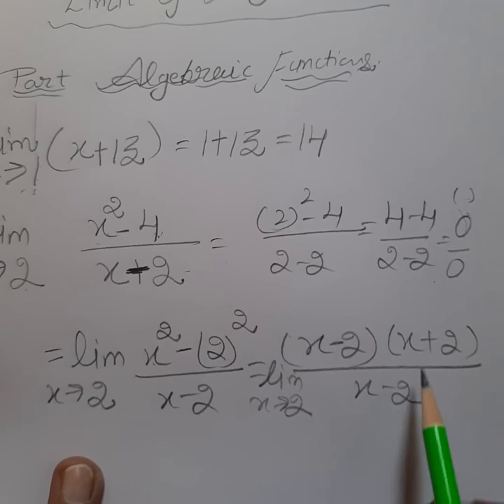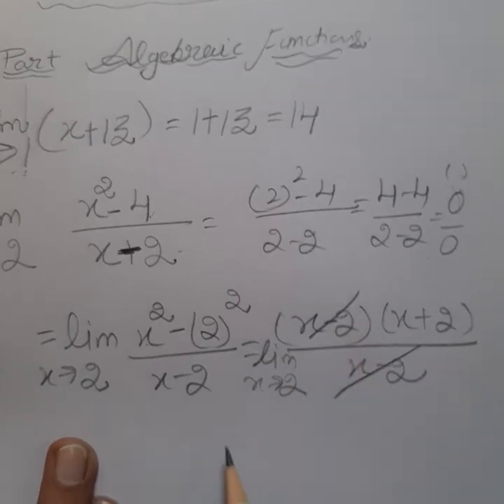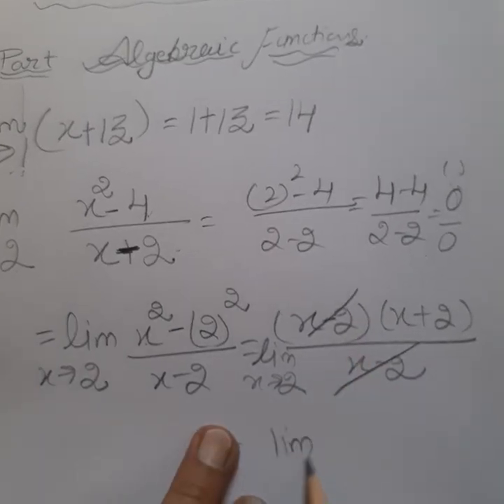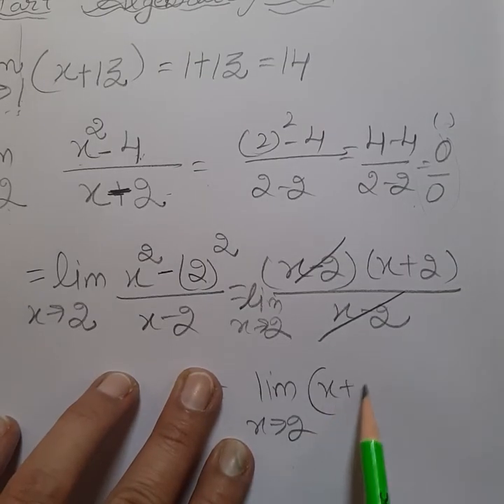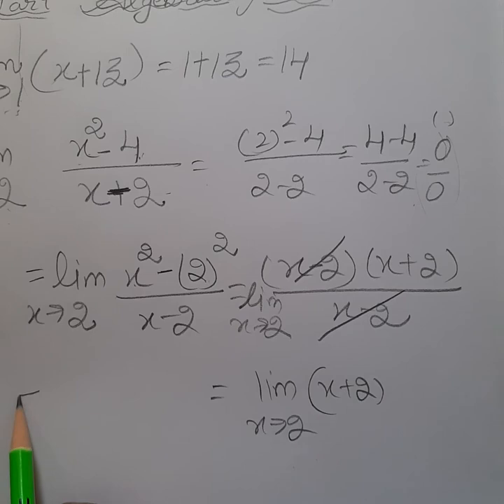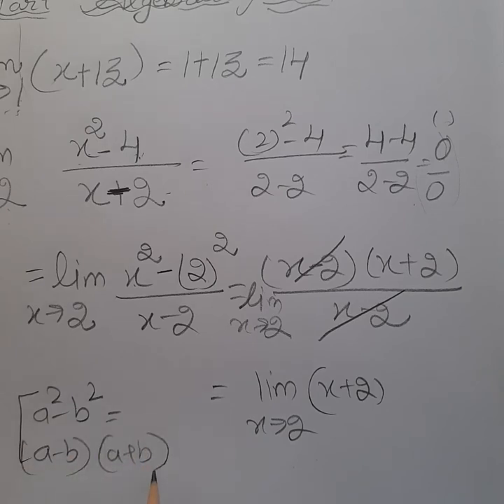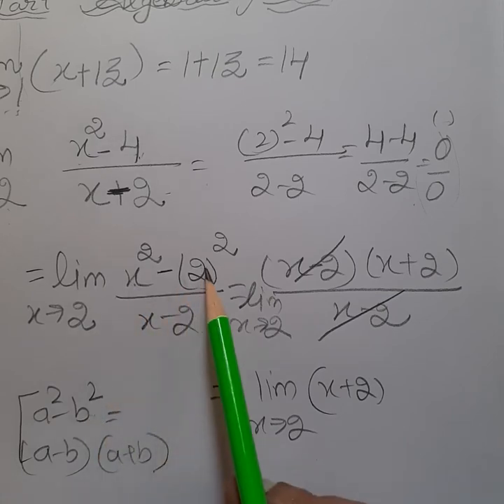Okay, so by cancelling x minus 2, we get limit x tends to 2 of x plus 2. I repeat the formula that I used: a square minus b square is equal to a minus b, a plus b. The value of a is x and the value of b is 2.